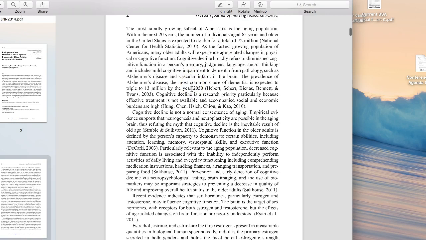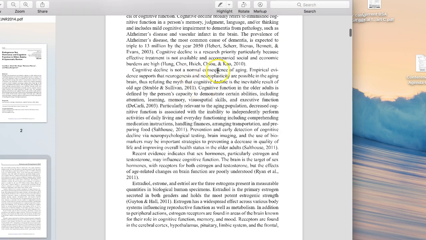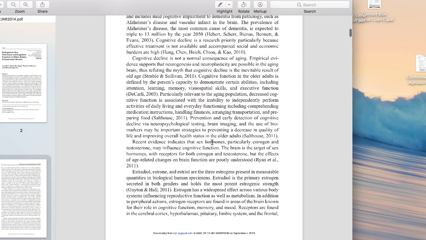And so we talk about that and cognitive decline. So that makes the case that this is a huge problem with all of these growing number of individuals that are elderly that have cognitive decline, and we need to figure out what's behind all of it. So I did go in and talk a little bit about cognitive decline and how that's not a normal consequence of aging and what that is exactly.